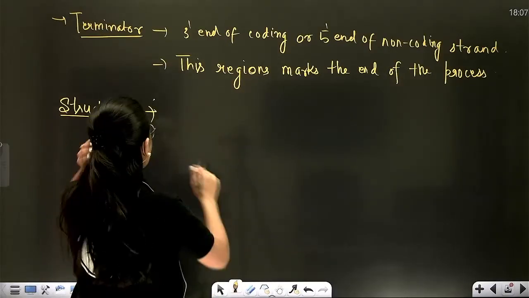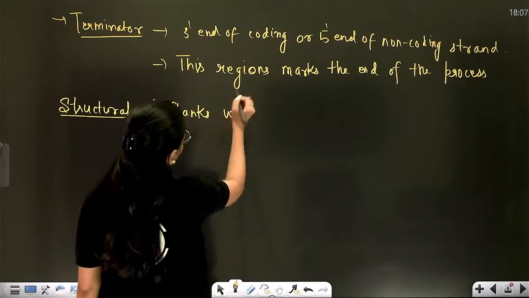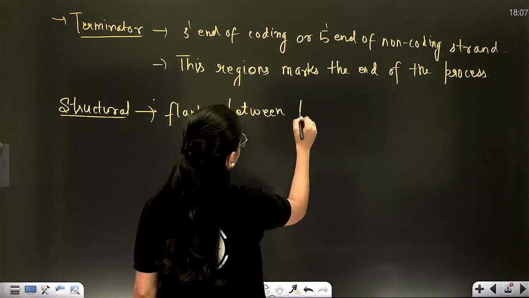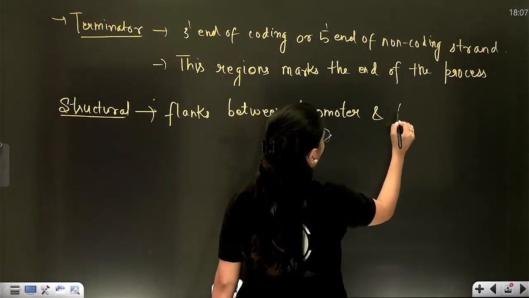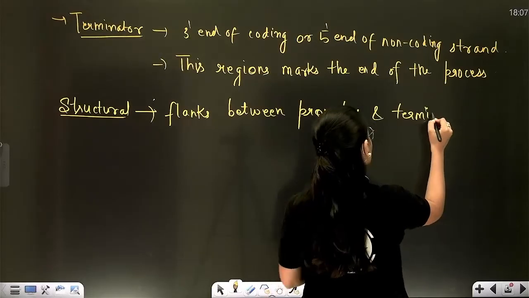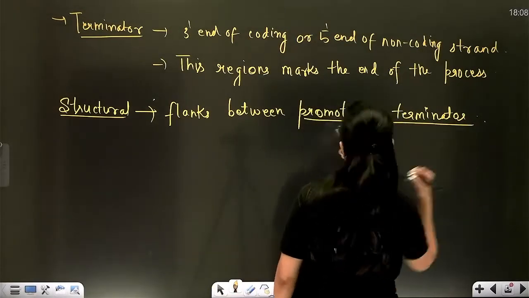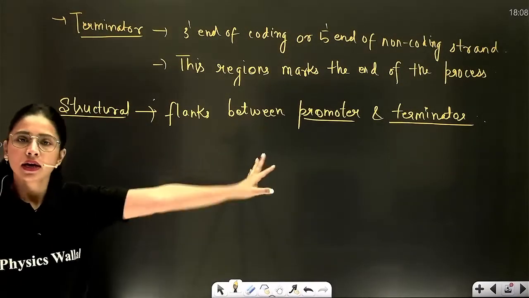So the structural region is the region which flanks between promoter and terminator.